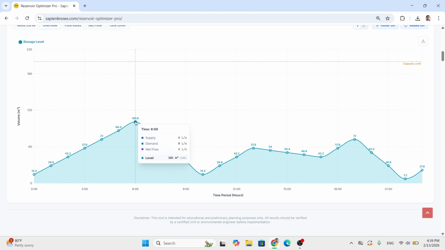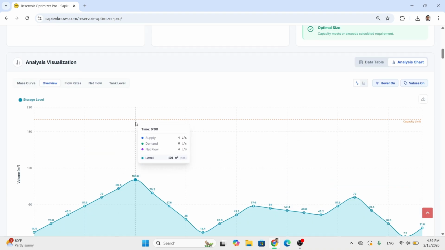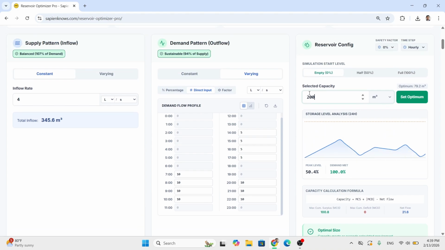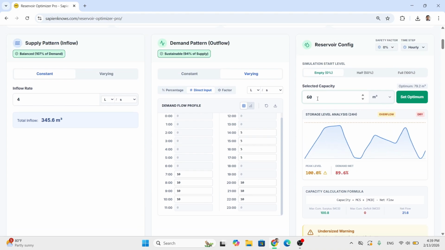It's just filling up to 100 meter cube, and there is a 100 meter cube gap. The tank will only be half full at the busiest point, or at the critical value, the tank will just be 100.8 meter cube, but the tank storage size is 200 if this is a not so optimized tank. So let's keep it at 90.